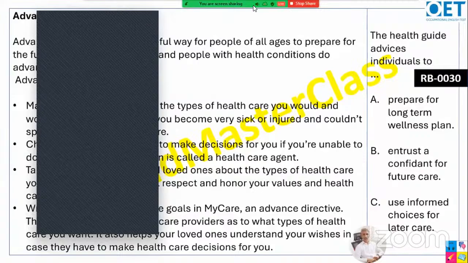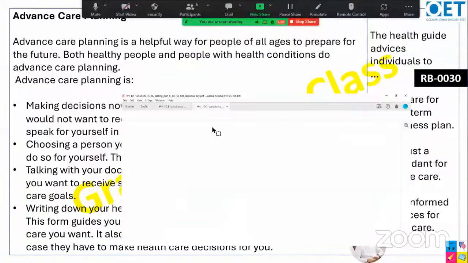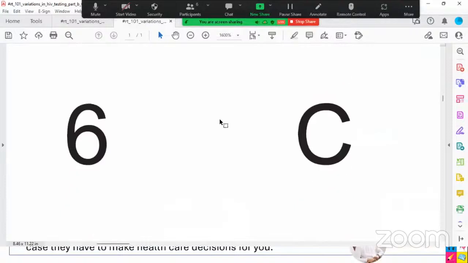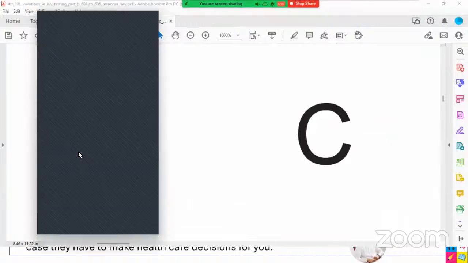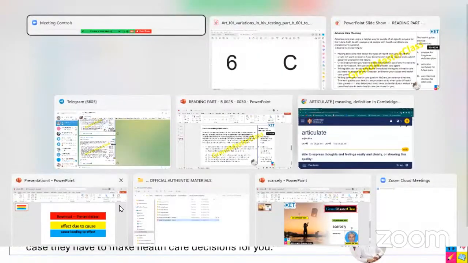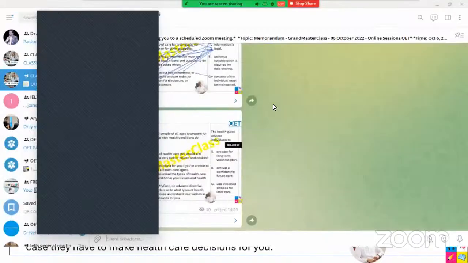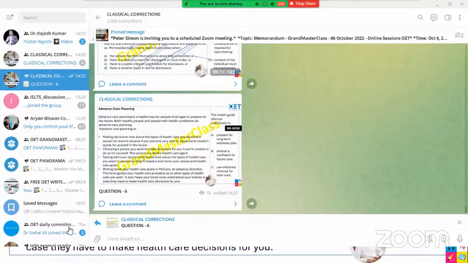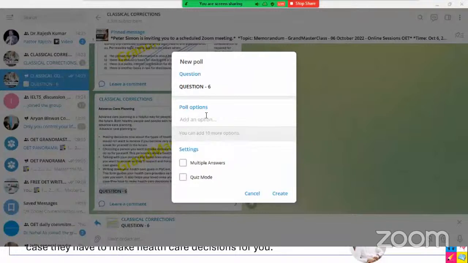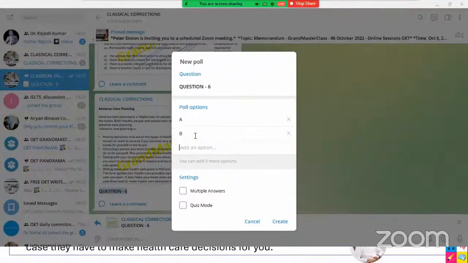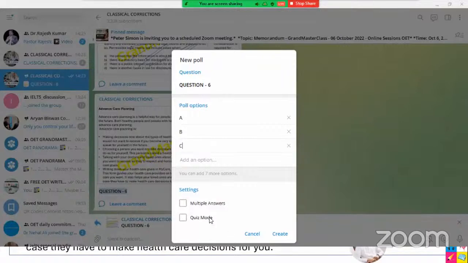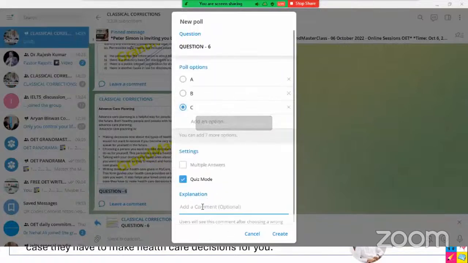So let us check the answer now. Answer is C. C is the right answer. So Shahid and Neha got the right answer.